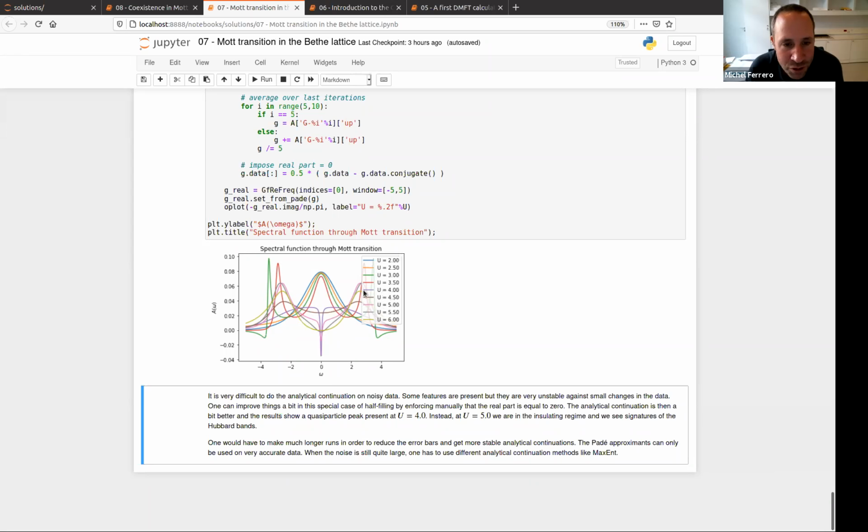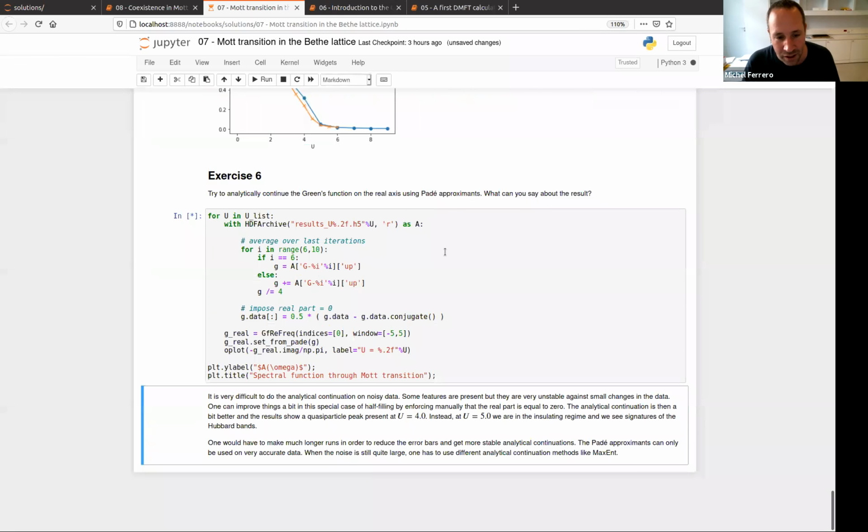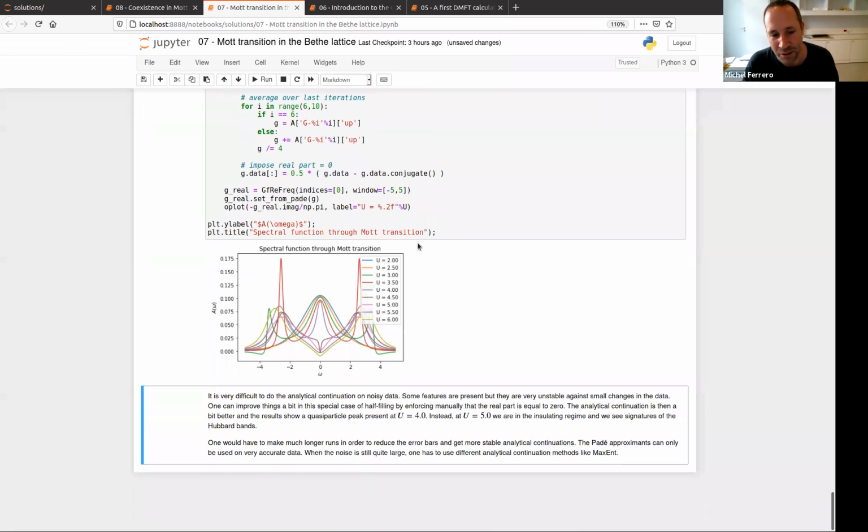So for this value of U, I'll change a tiny bit: here I averaged over the last 5 iterations. Now let me average over the last 4 instead. And I get something quite different this time. This pink one that had a hole is now something different.